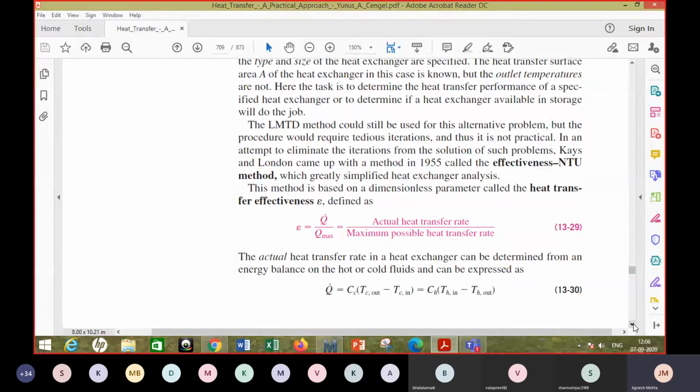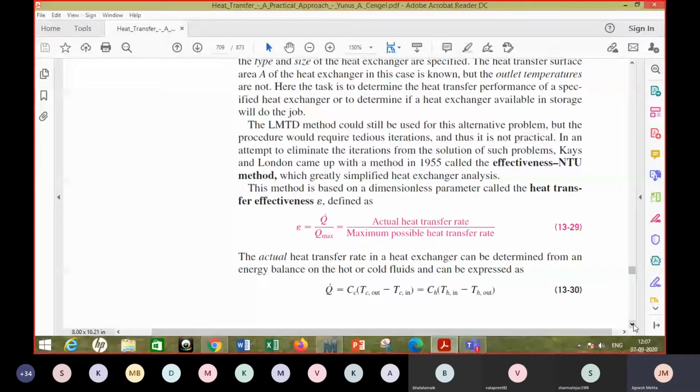It was shown in the previous lecture that whether the hot fluid has the higher heat capacity rate, or the cold fluid has the higher heat capacity rate, in both cases you will see that Q dot maximum is always equal to whichever is the lower C, that is heat capacity rate, that you have, multiplied by Thi minus Tci.